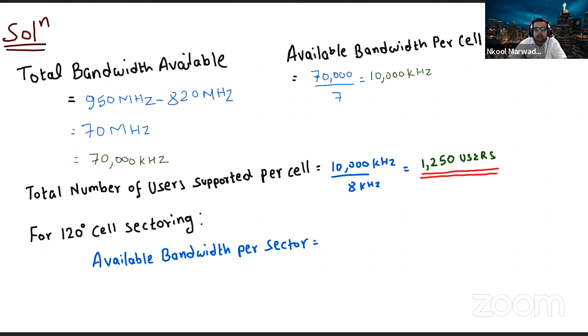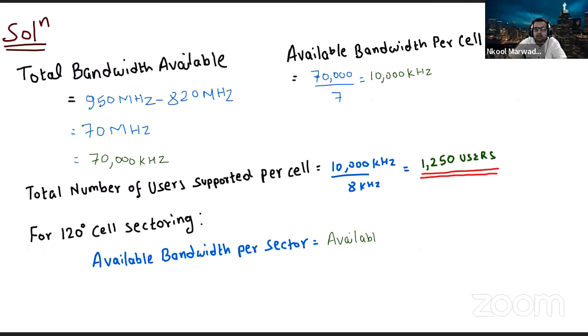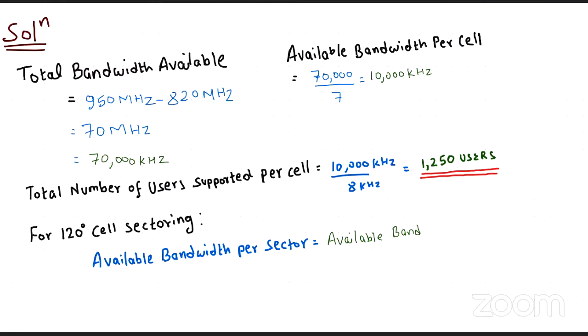So available bandwidth per sector is the available bandwidth per cell divided by 3, because whatever bandwidth is given to the cell will be divided into 3.